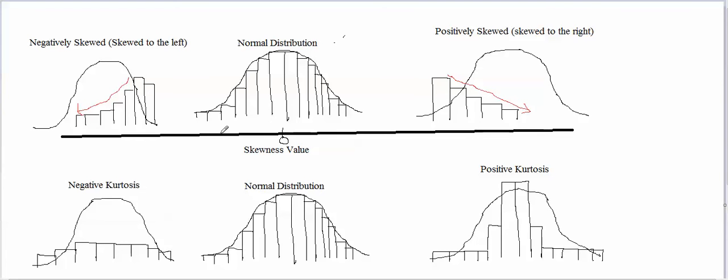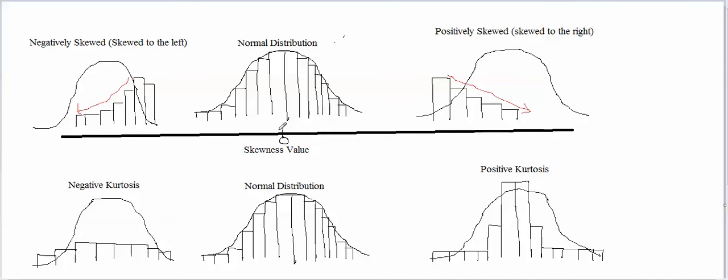And so if the data looks pretty normal, but maybe has a little bit of a negative skewness, then you might get a value close to 0, but a little bit lower than 0, like maybe right here. So right here might be a slight negative skewness.